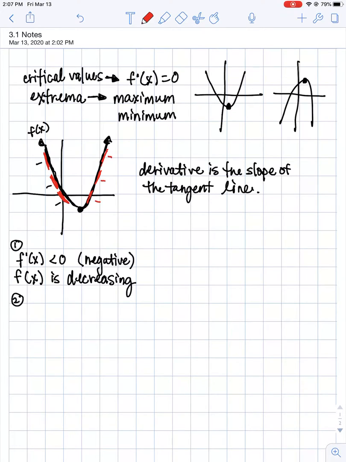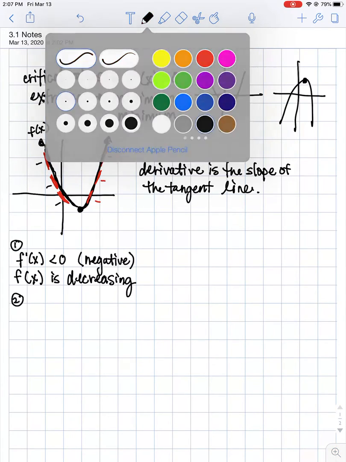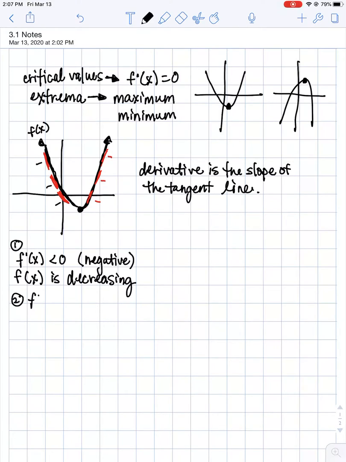So if the derivative is greater than 0, and you got to know greater than 0 means positive, then f of x is going to be increasing. Those are two big ideas.